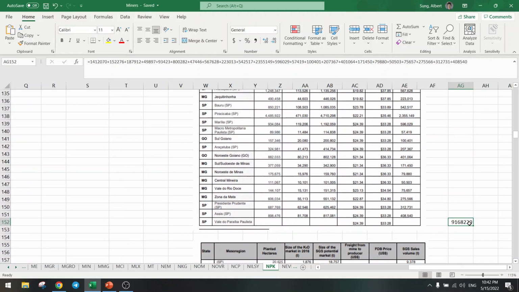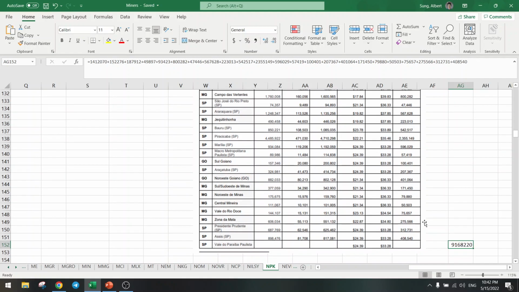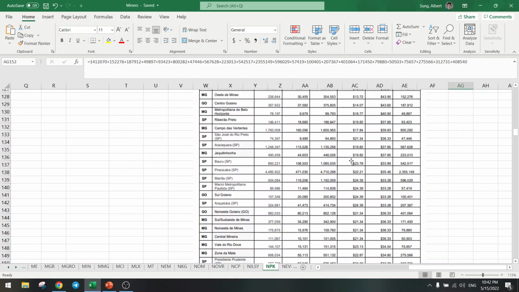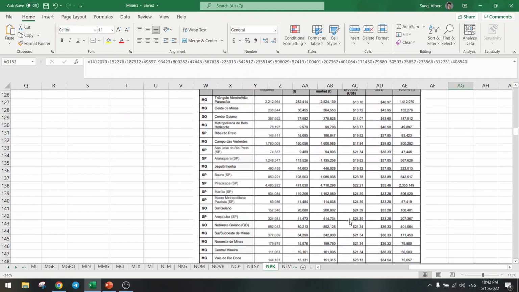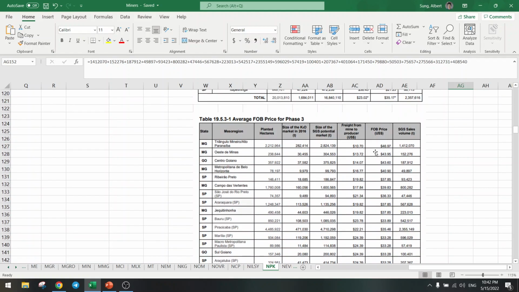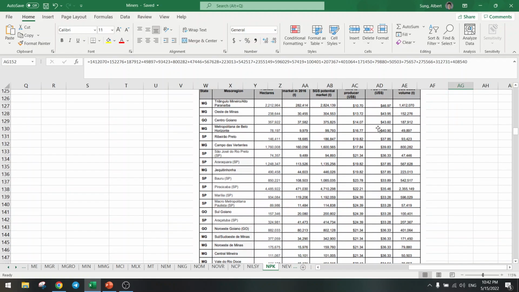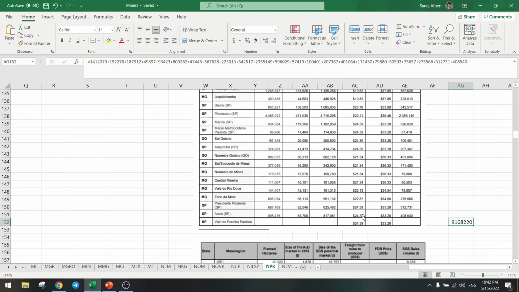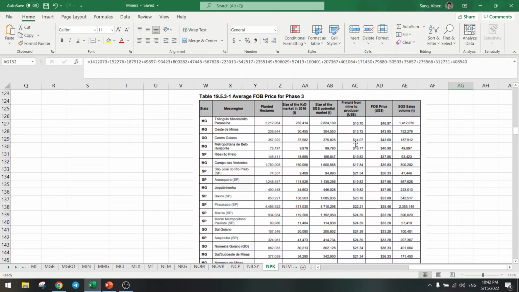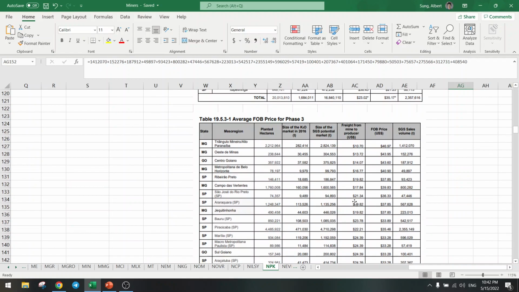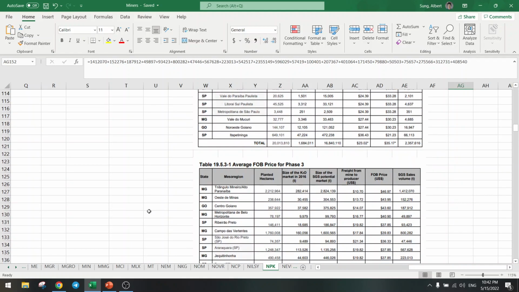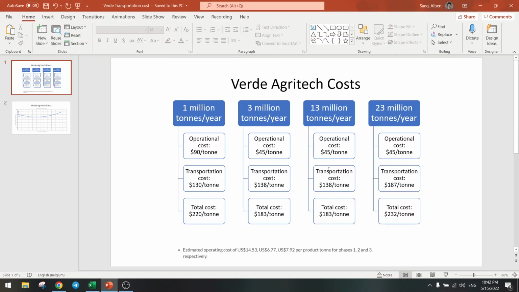And apparently we get 10 million tons for all of these farmers here. So we should be able to produce 10 million tons for all of these farmers here, and the cost is below 24. So these costs are all below 24. So that means that this transportation cost is about the same.